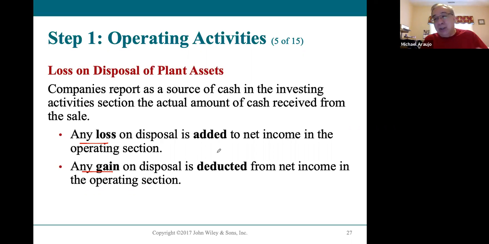We already subtracted the loss from the net income. That has to be reversed. So because we subtracted the loss when we calculated net income, we have to add it back. And because we added the gain to the net income, we have to subtract it out. Okay, we just have to reverse what we did on the income statement, because the income statement was done with accrual basis accounting, and we are converting it now to cash.